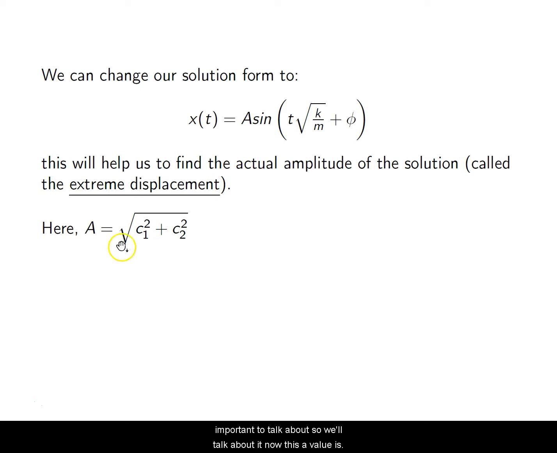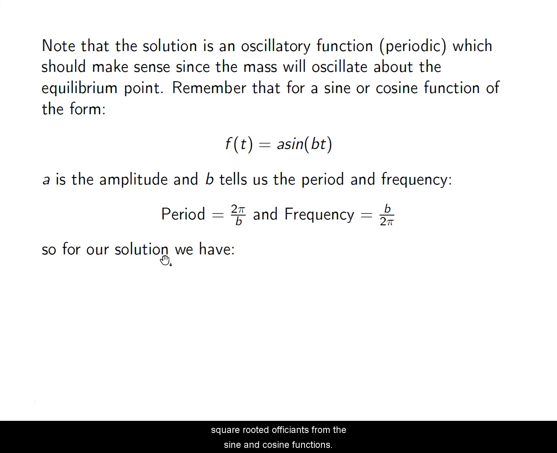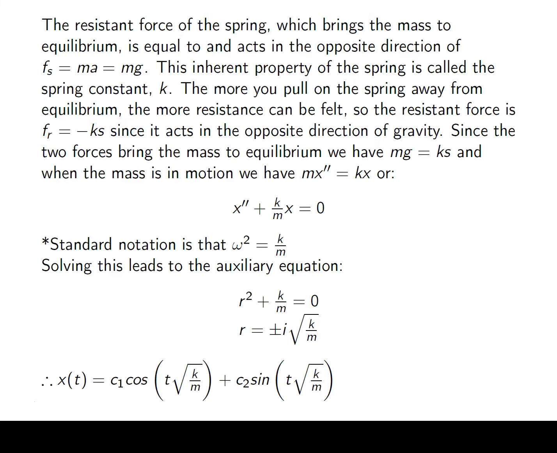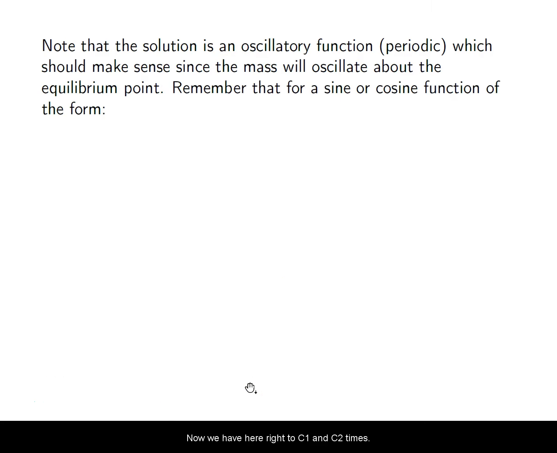This A value is basically coming from the Pythagorean theorem. It is the first coefficient squared plus the second coefficient squared and then square rooted. That should be very easy to remember. You're just using those coefficients from the sine and cosine functions that we have here, the C1 and C2 terms.